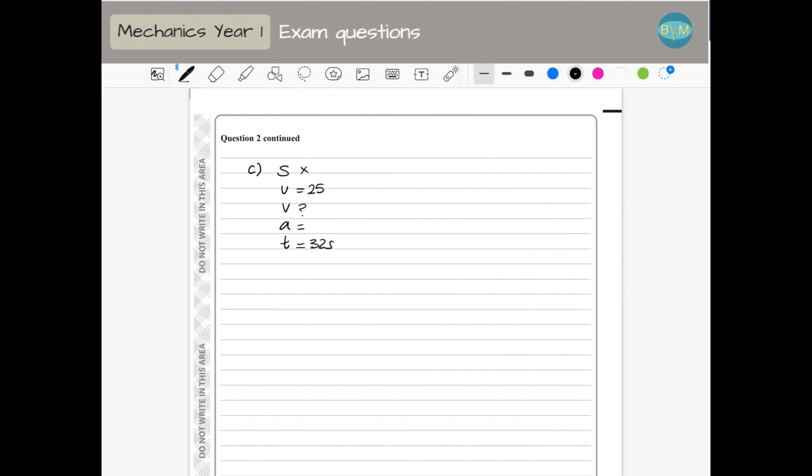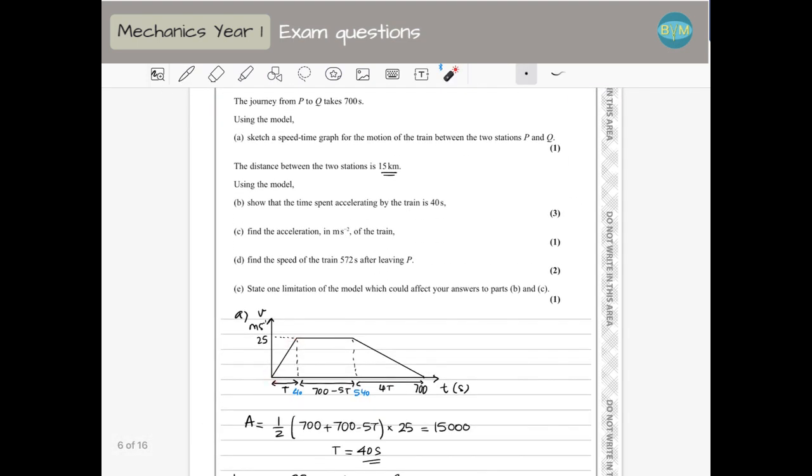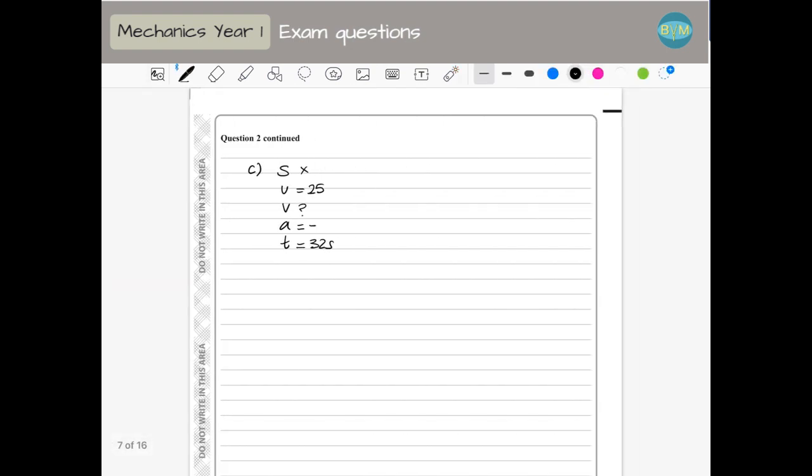And the deceleration is going to be negative because it's decreasing, and it's going to be a quarter of the acceleration because it takes 4 times the time. The gradient or the acceleration is going to be 1/4 of the one that we found. The one that we found is this one. So my deceleration is going to be minus 0.625 divided by 4.